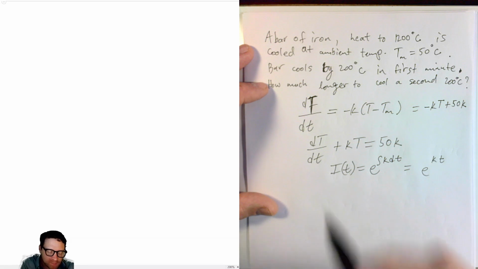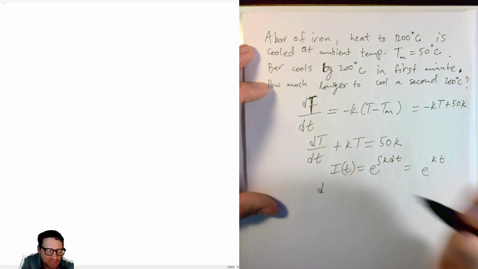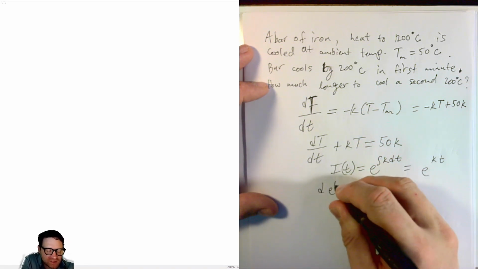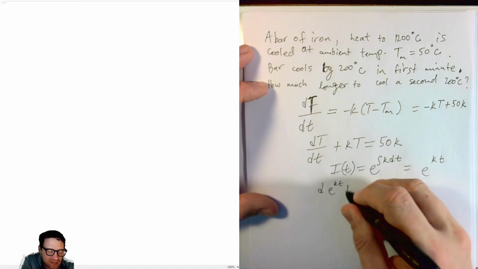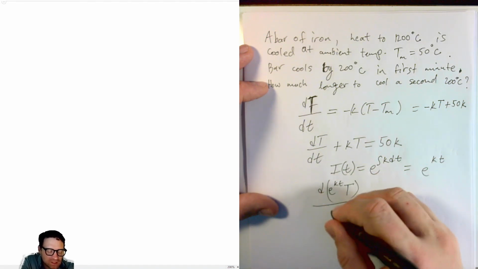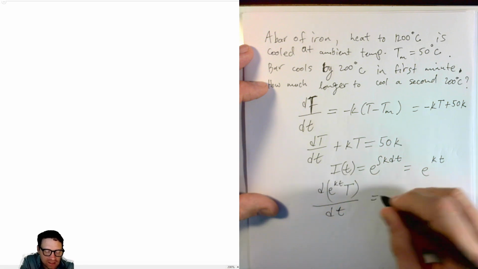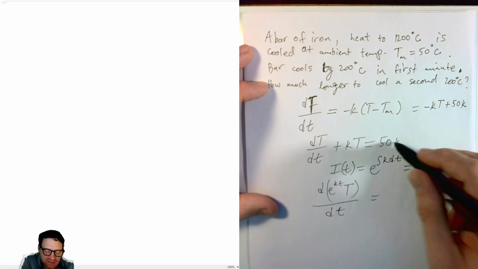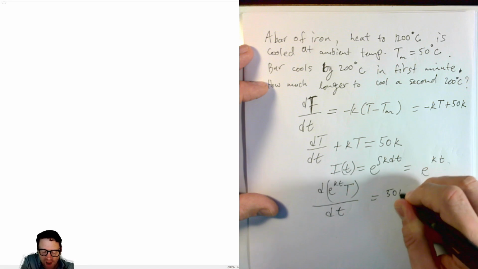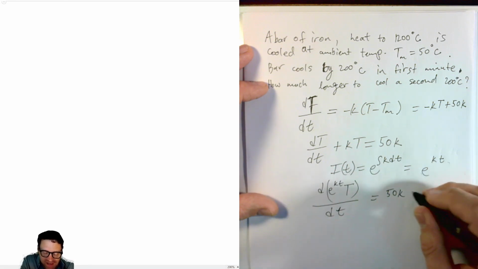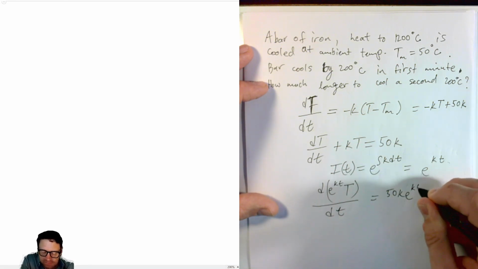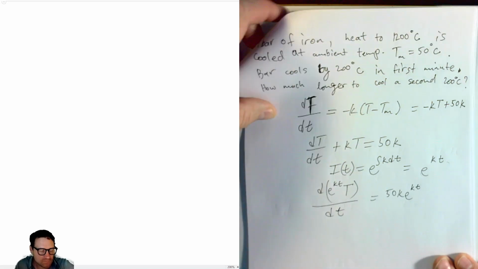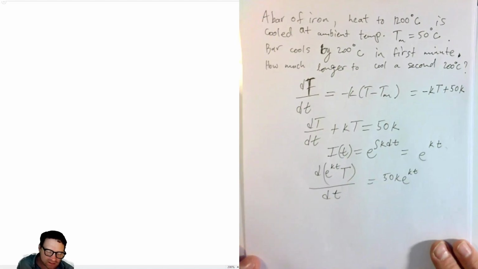Now we know what happens to the left-hand side. It packs up as the derivative of e to the kt times uppercase T with respect to t. And then the right-hand side, we've got this times this because we've multiplied throughout by that integrating factor. Okay, good.